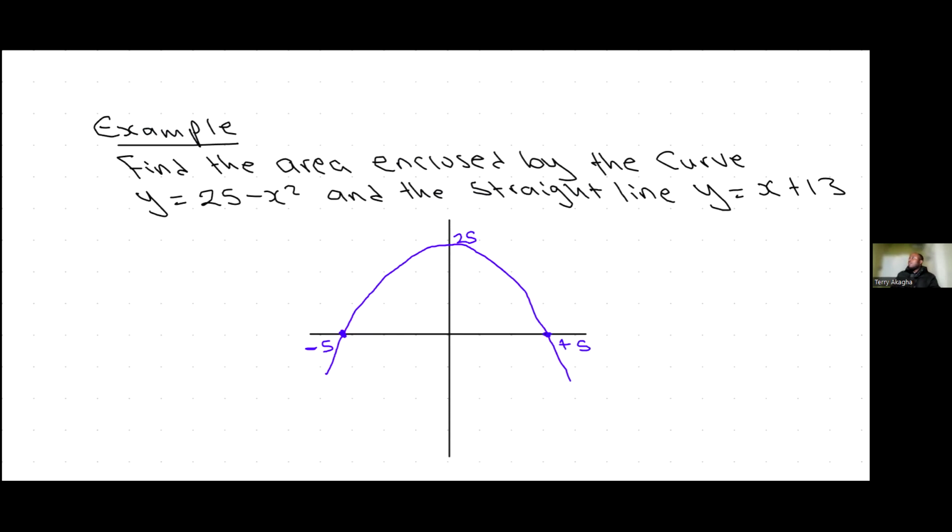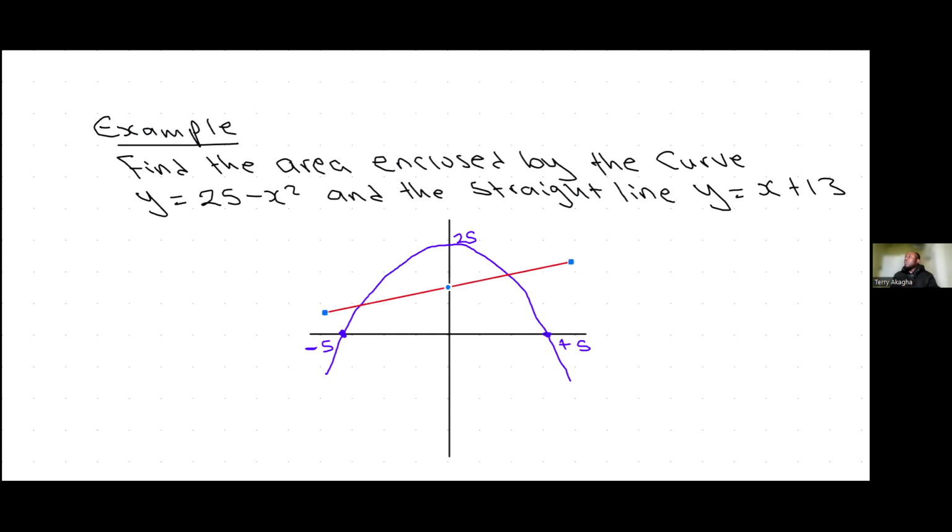Now for the straight line, x plus 13 is going to be a positive slope, and the intercept is going to be at 13. So the positive slope and the intercept is at 13, so it's going to be somewhere around here, like this. And that is that.